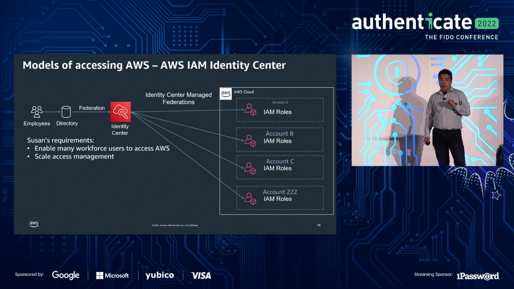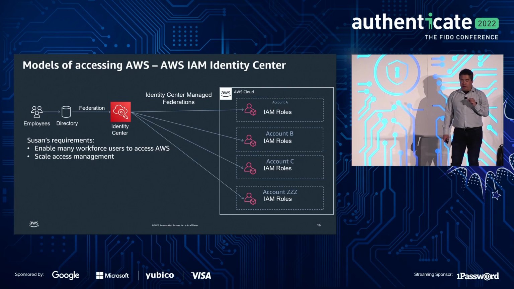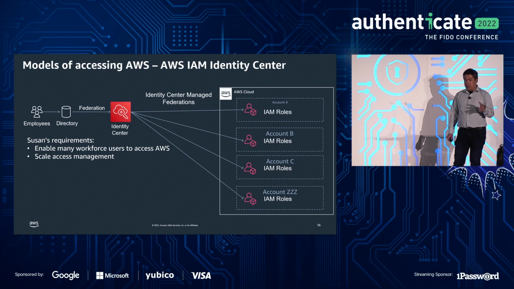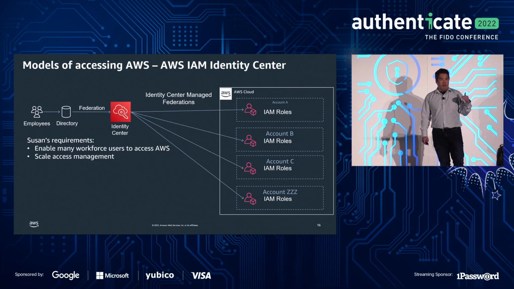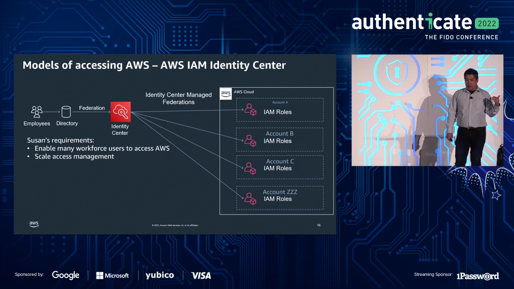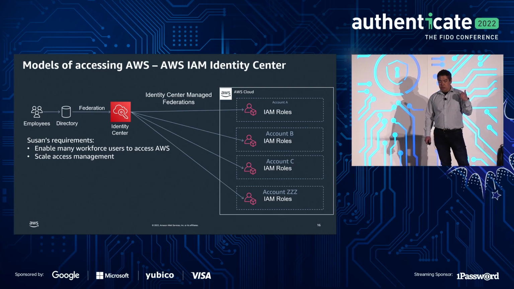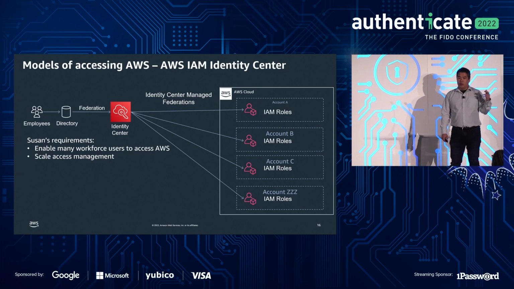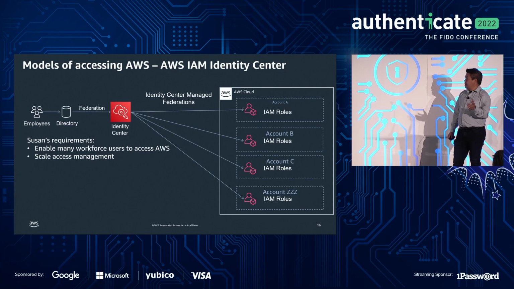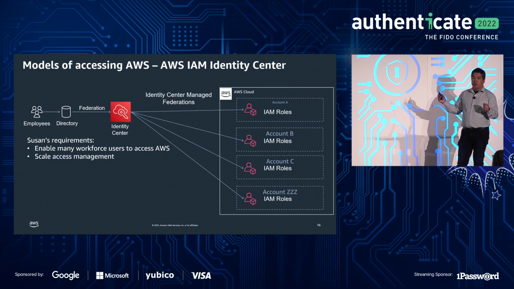Scale access management. Now this is something that is definitely better in Identity Center because instead of her having to log into account A, account B, C, and so forth, and modify permissions for IAM roles, those permissions are now created in Identity Center. So when she goes into Identity Center and she wants to create access for a role, persona for somebody, she would create a permission set and associate it with the user and associate it with an account, and Identity Center would automatically provision those roles for them.